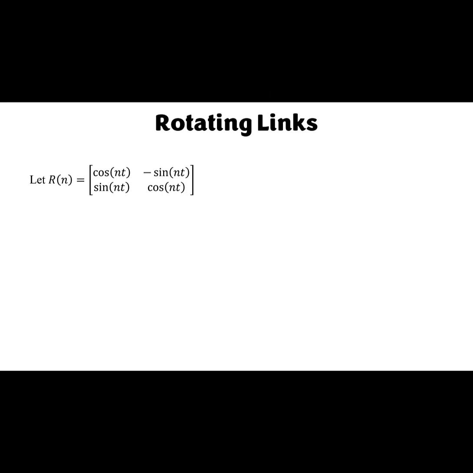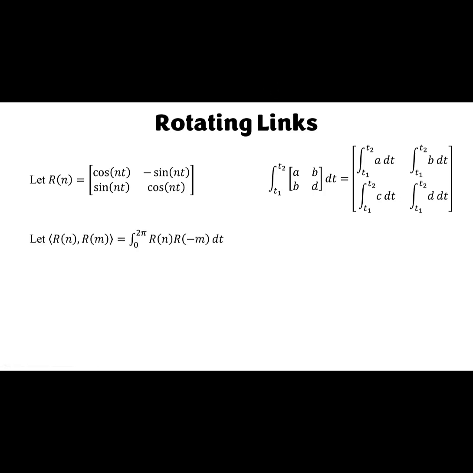We'll look at integrating matrices of functions. And what we mean by integrating a matrix is integrate each term in that matrix, as shown here. Now let the inner product between R of n and R of m be this integral from 0 to 2 pi of R of n multiplied by R of negative m.